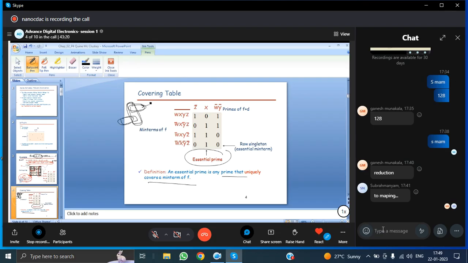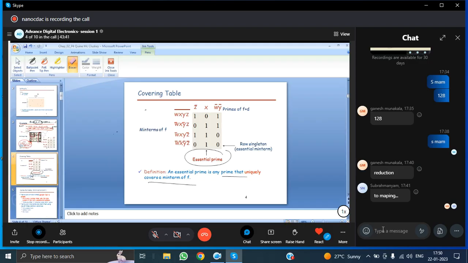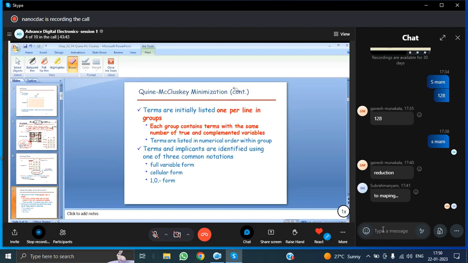If you see prime implicant 1, it is covering 3, and prime implicant 2 is covering 3 also. So 1 and 2 are called essential prime implicants. 3 is not called essential. If 3 is covering, 1 prime term will be left. So these are the difficulties and drawbacks.